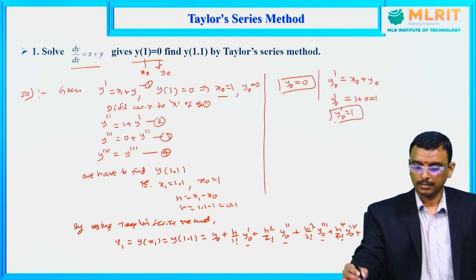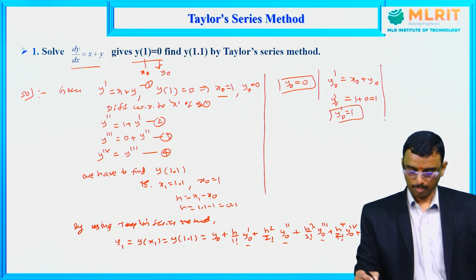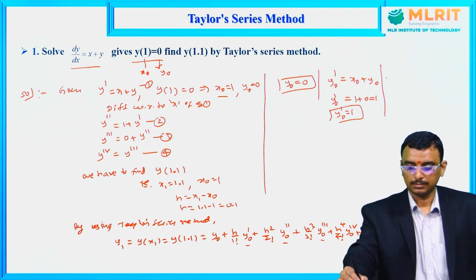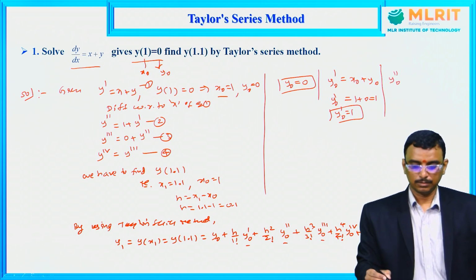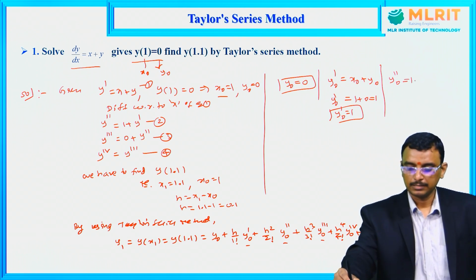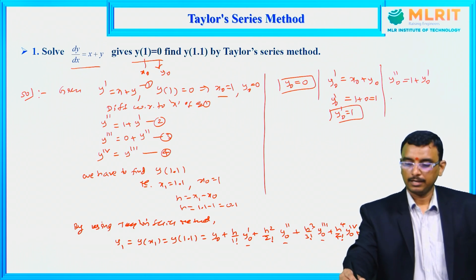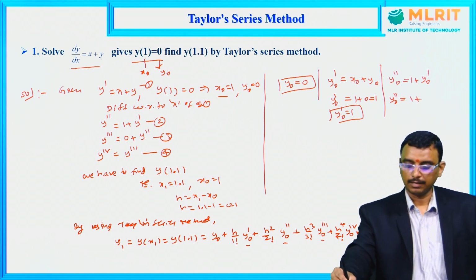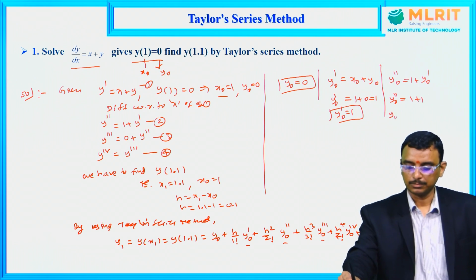And similarly we can find y naught double dash. Using equation 2 we can write y naught double dash as 1 plus y naught dash. So y naught double dash is equal to 1 plus 1, this is 2. Y naught double dash is equal to 2.